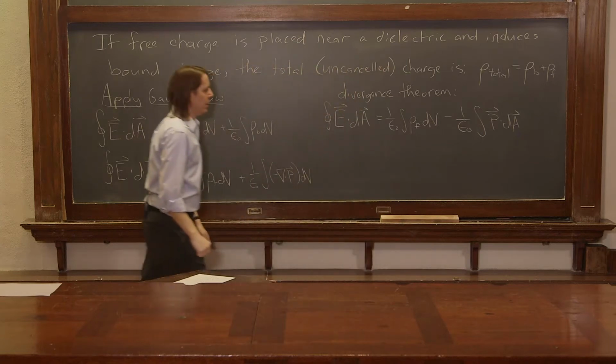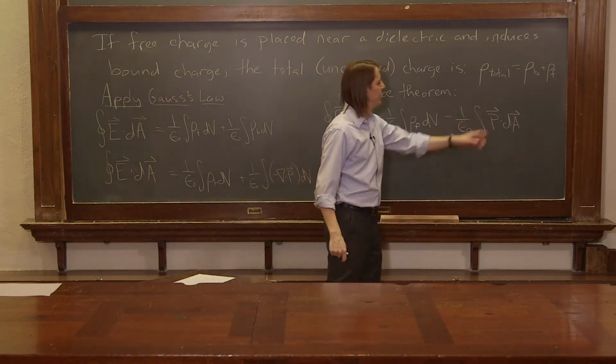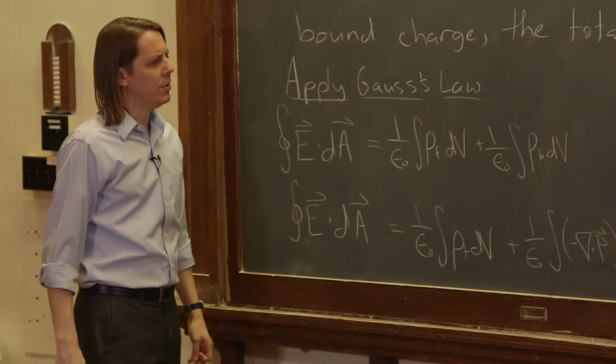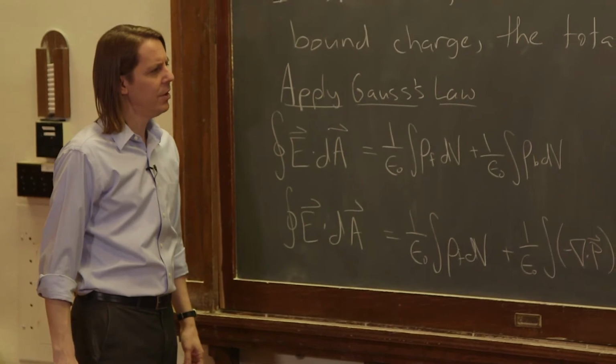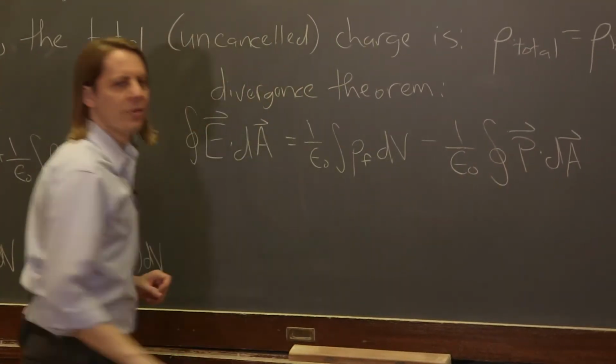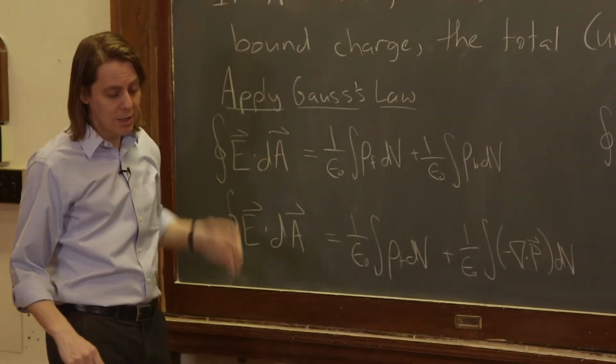The integral of a derivative in a region is related to the value at the boundary. We've turned it into that. Well, now we see that these are the same integral, over the same closed surface, and one is E and one is P.